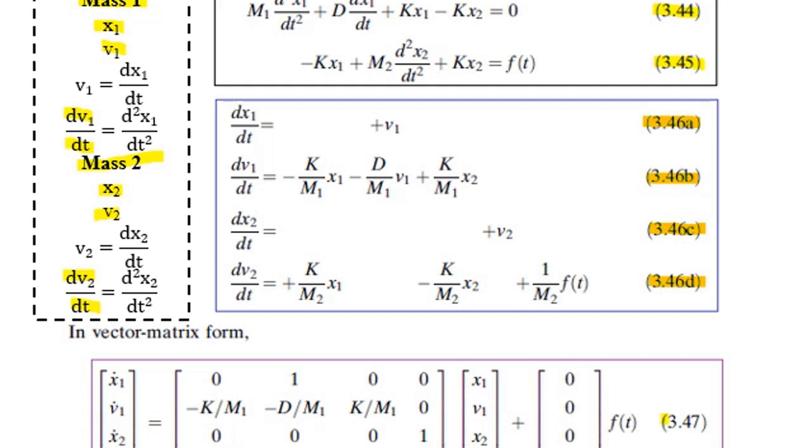As this system is linear, we can also represent its state space form in vector matrix form, given in equation 3.47.